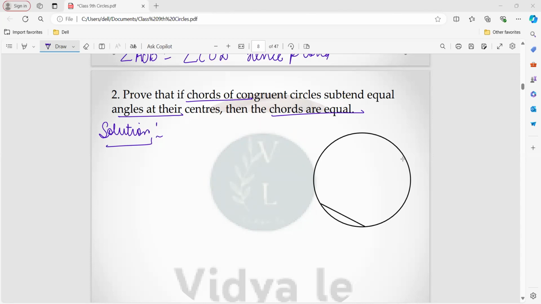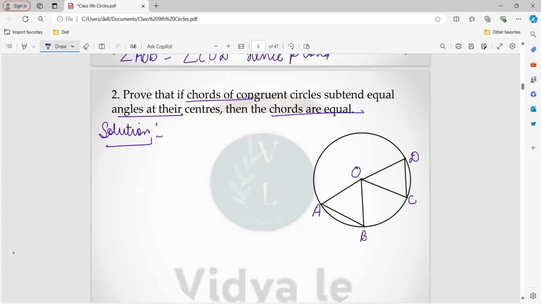Herein I'll draw another chord, and here I'm drawing a triangle at the center, and here another triangle, right? Okay, now this is the center O, this is a chord AB, and this is a chord CD.